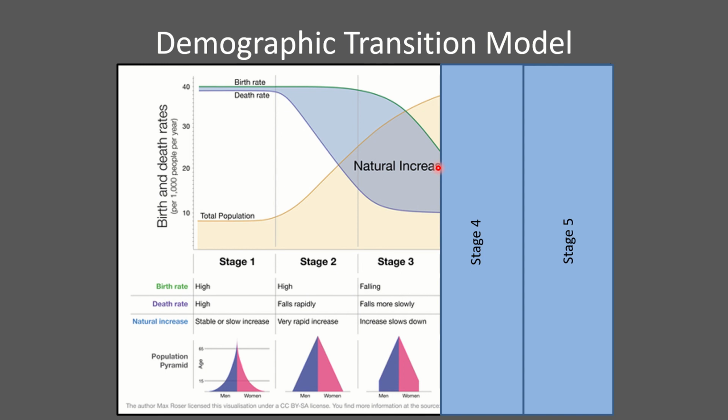Perhaps we're in the early stages of women starting to have careers and therefore delaying having children altogether. Perhaps the economy isn't so reliant upon children as a workforce. Perhaps with this longer life expectancy and lower death rates, we don't need so many children to look after the elderly. If you've watched the birth and death rates lesson, a lot of these reasons should be very familiar to you.